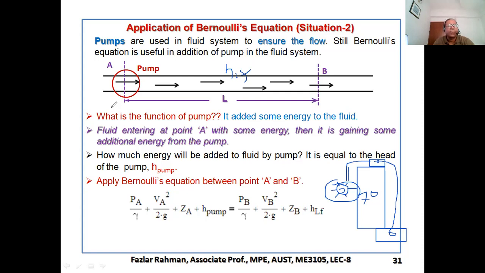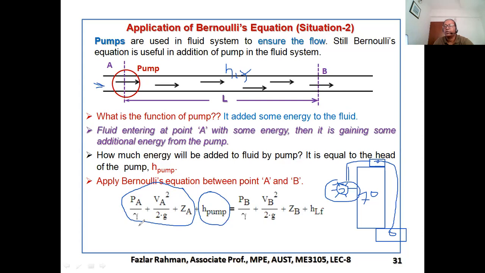So when the fluid is just coming in at point A, how much energy will it have? It will have this much energy: P_A/gamma plus V_A squared by 2g plus Z. Then coming over here, the pump adds some energy that is called H pump. What is the H pump? Actually, what is the unit of all these parts of the equation? P by gamma, what is the unit?